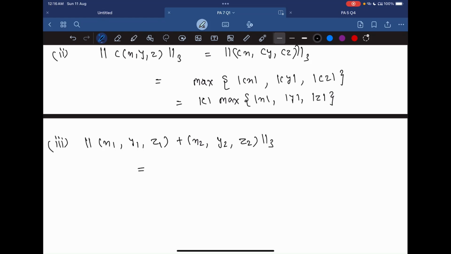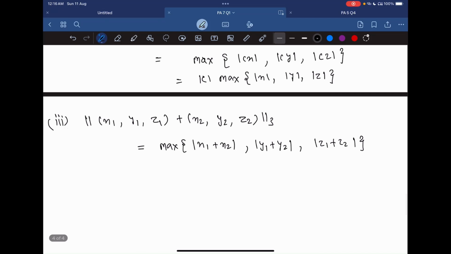So this would be the maximum of... again the same logic that we discussed, this would be less than or equal to the maximum of mod of x1, mod of y1 and so on, plus the maximum of the corresponding terms for the second vector.